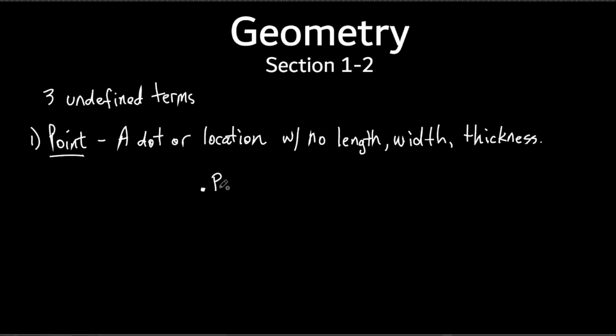It's just a letter that represents where that particular location is. And we say, and I'll put it in quotes, "point P." And it's always a capital letter. So a point is always a capital letter. Let's keep going.